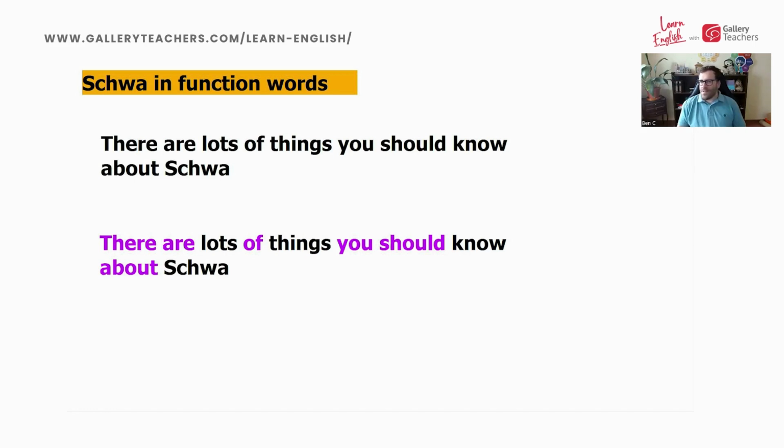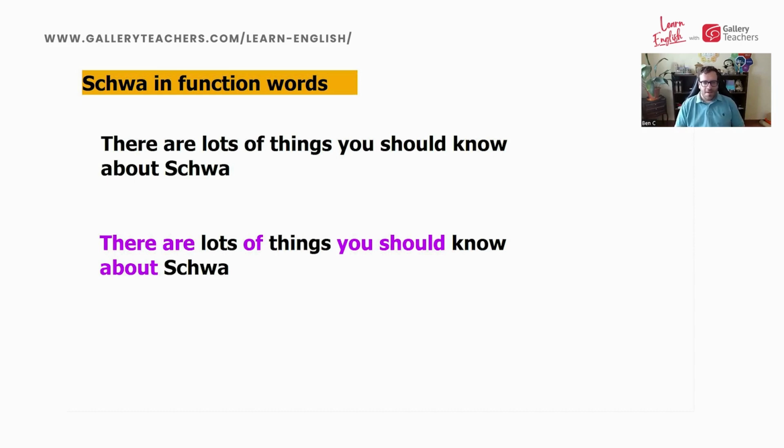But of course, in real English, in natural English, we don't speak like that. And that's because there's a mix of content and function words. So actually, in natural speech, this sentence probably sounds like, there are lots of things you should know about schwa.